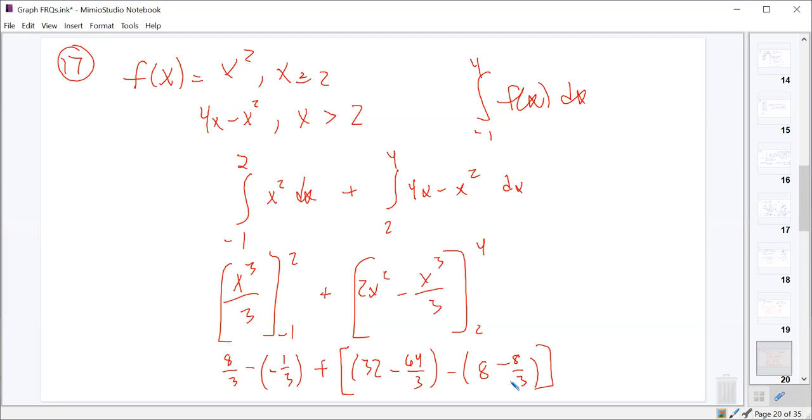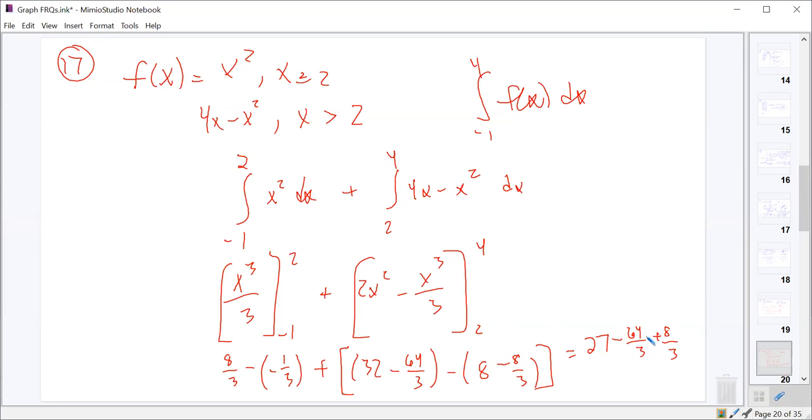So let's see, that's 9/3, so that's 3 plus 32 is 35 minus the 8 ought to be 27 minus 64/3 plus 8/3.